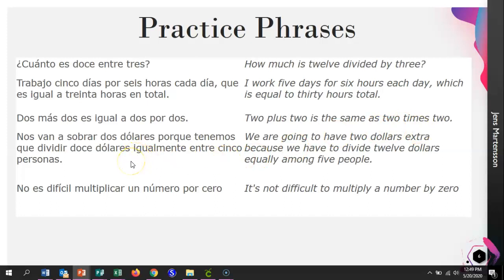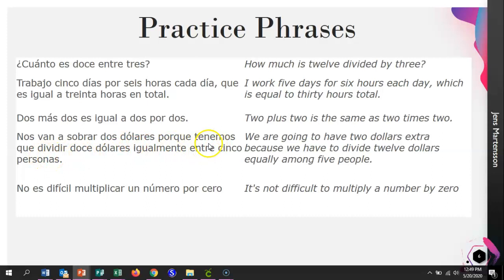Okay, the next phrase reads, nos van a sobrar $2 porque tenemos que dividir $12 igualmente entre 5 personas. Wow. Okay. Don't get overwhelmed. Once again, let's identify our numbers, okay? So let's find our first number. Our first number is dos, okay? And then we're talking dollars, of course. $2.